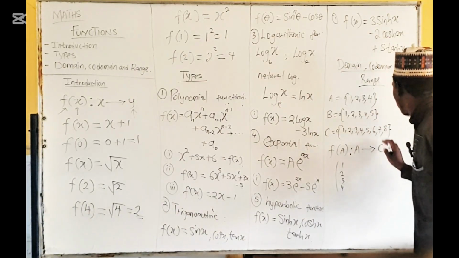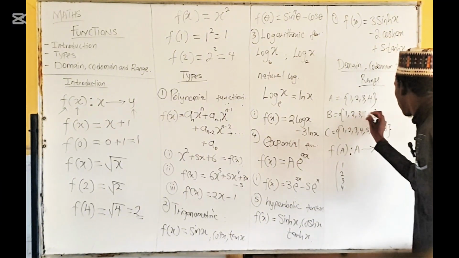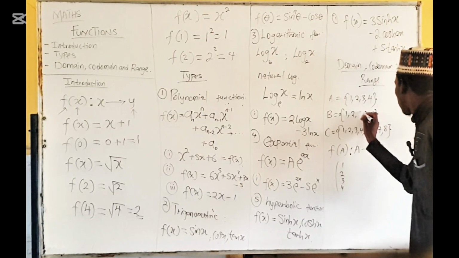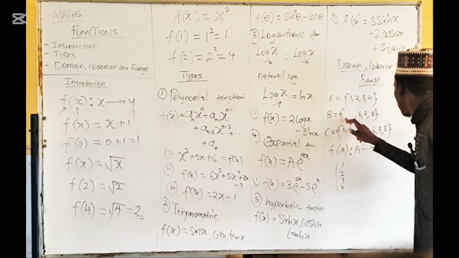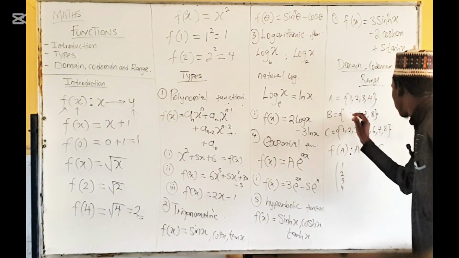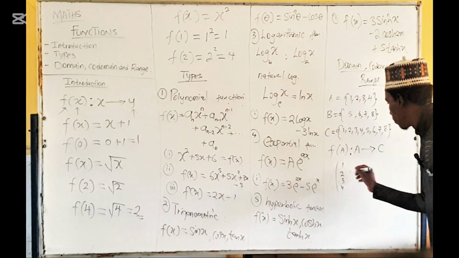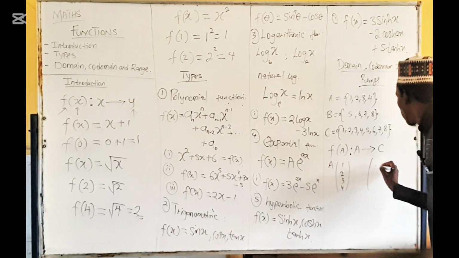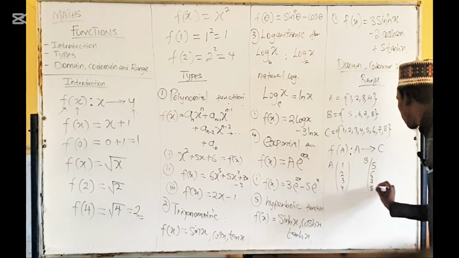Let this one be 8, 7. This is just an example. I just want to illustrate, because from this we can get the definitions of domain and range. Okay, so these are my inputs, which is A, while these are the outputs, which is B. The outputs are 5, 6, 7, and 8.